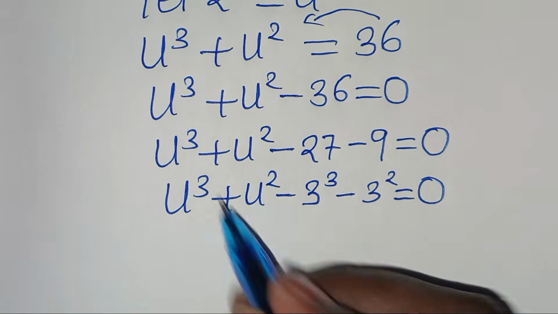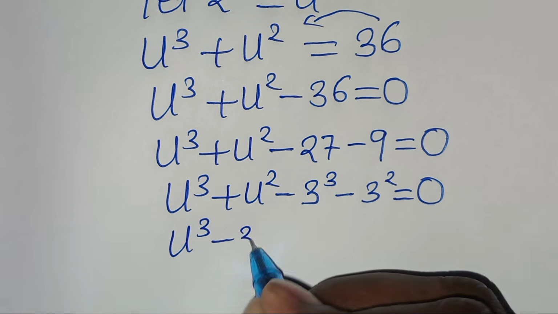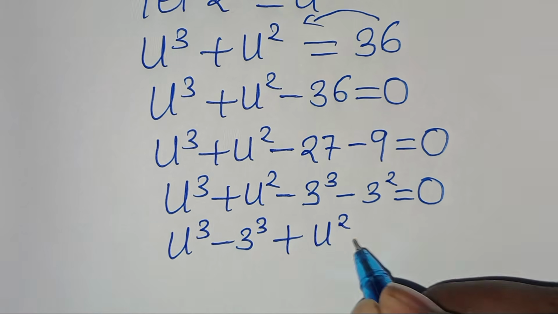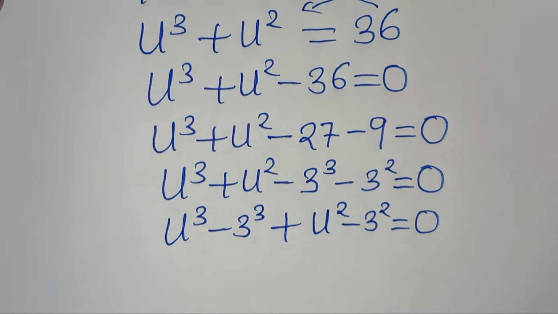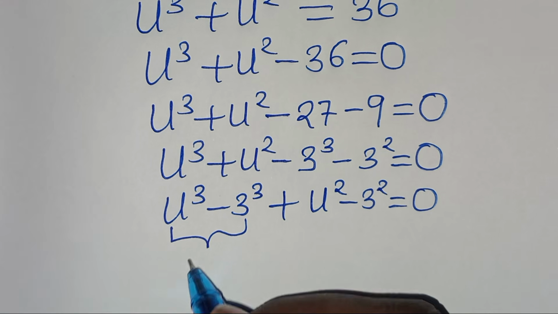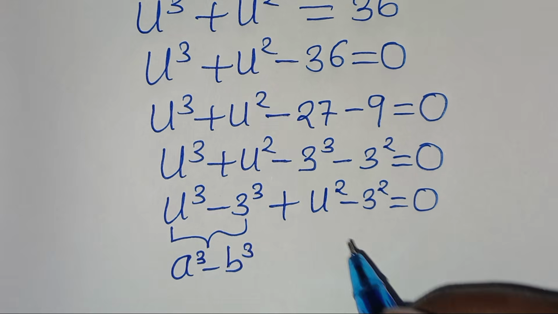We have u to the power of 3 and 3 to the power of 3. So this is u to the power of 3 minus 3 to the power of 3 plus u squared minus 3 to the power of 2. This is equal to 0. Now we have got two parts here. This is the difference of two cubes expressed as a to the power of 3 minus b to the power of 3.